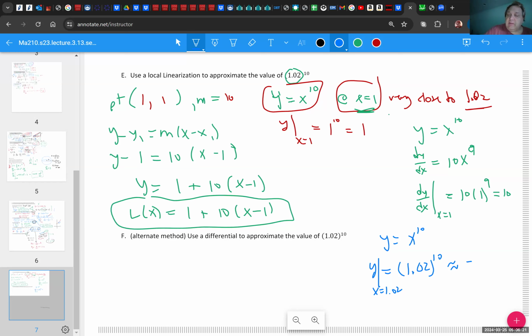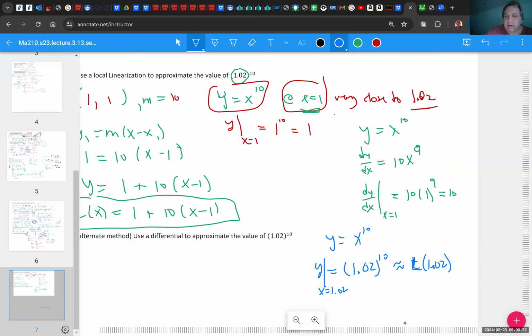That's approximately the same as the value of the linearization at 1.02, right? This is the whole point of linearization, that it's basically exactly the same as the value of the function locally, right at that little location. So what is L of 1.02? Well, we know what our L equation is. It's right over here.